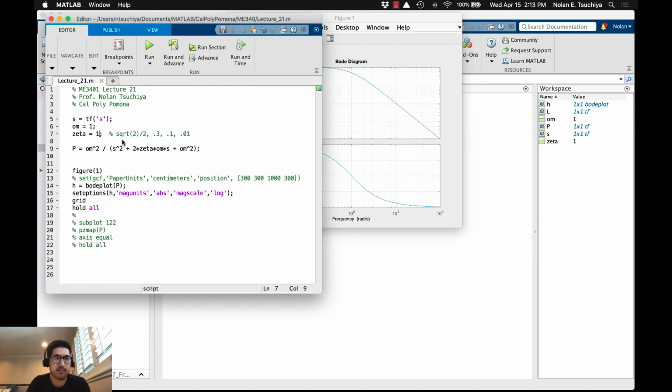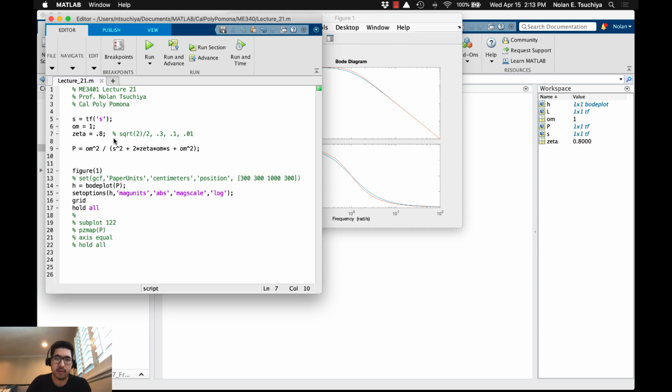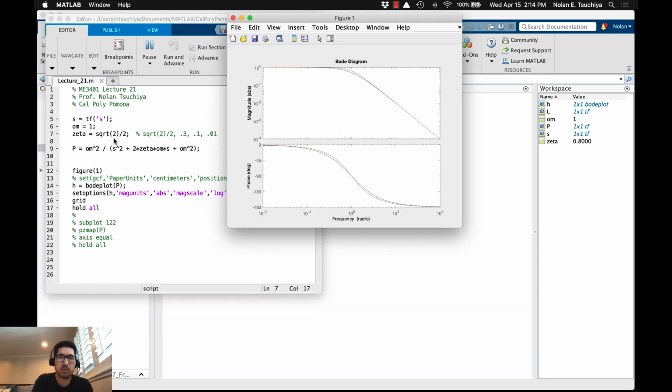What's interesting here is if I start to reduce zeta, start to dial zeta back to say, 0.8, then you see something interesting. So if zeta equals 0.8, you still don't see any resonant peak. The critical point is zeta equals square root of 2 over 2, as we found. But when zeta is equal to root 2 over 2, you actually still don't see any resonance.